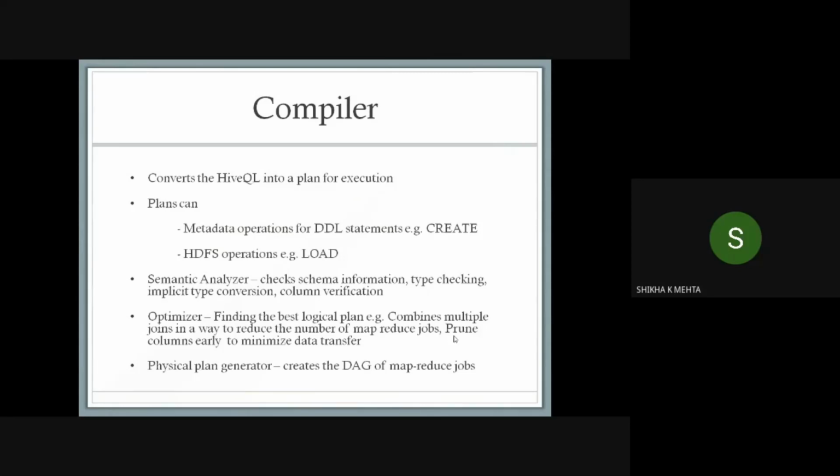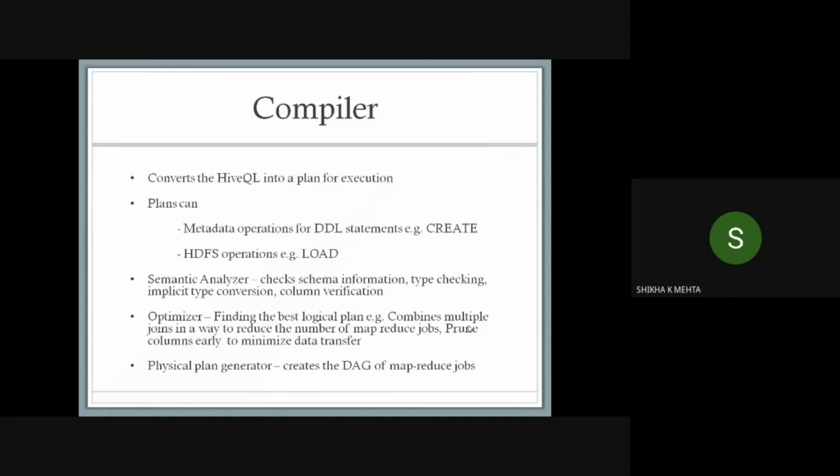So what does the compiler do? It converts the Hive query language into the plan for execution, and the plans can be metadata operations like DDL statements or HDFS operations like load. Then semantic analysis is also performed by the compiler, like checking the schema type, implicit type conversions, column verifications.